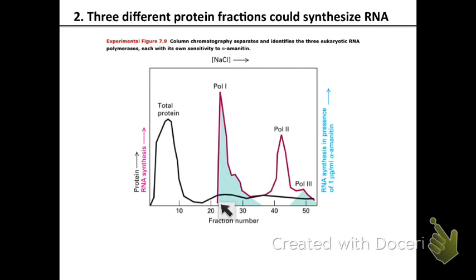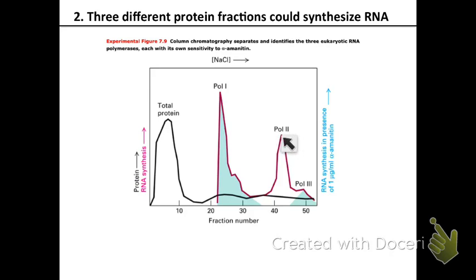But then what you can see is that there are some proteins in these fractions that are capable of producing a lot of RNA. And there's another fraction, they look like peaks, right? Because the fractionation is not perfectly separating the proteins, each protein is going to be found in several fractions, but it's going to be shown like a peak here.